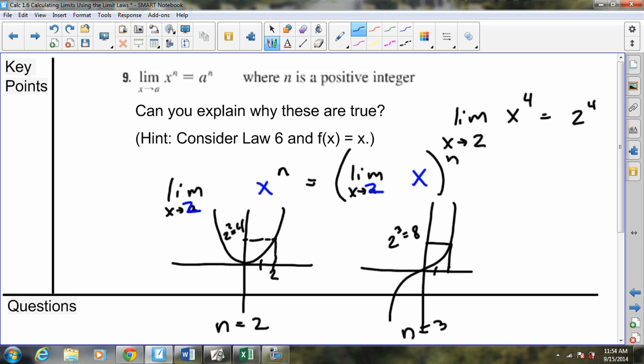You see the structure behind it? Because this is a basic power function, we know the left and right hand limits are going to come out nice with each other. There's not going to be a hole or something with a power function. It's giving us a very quick way that if we have a power function, we can basically just substitute in and get our values.